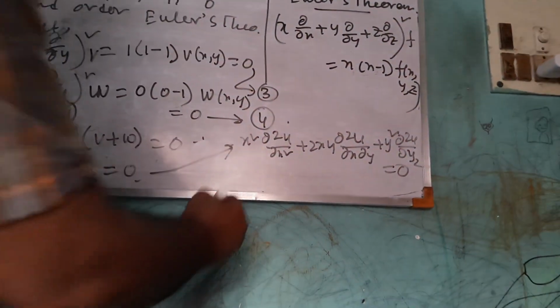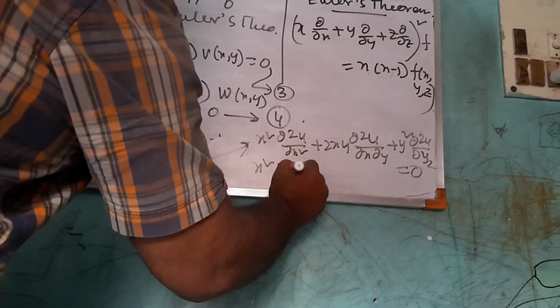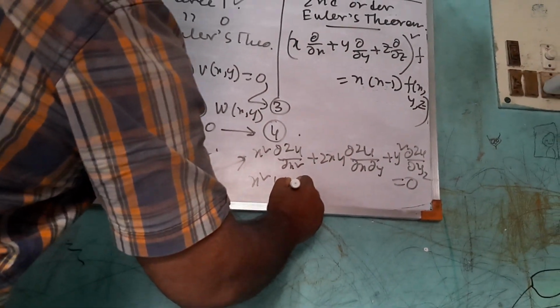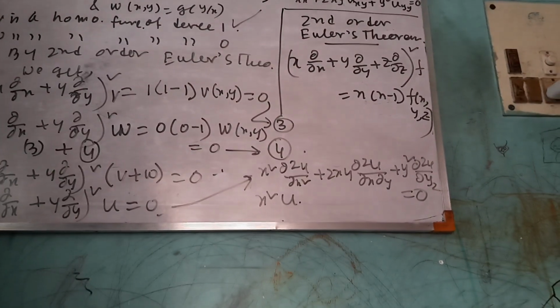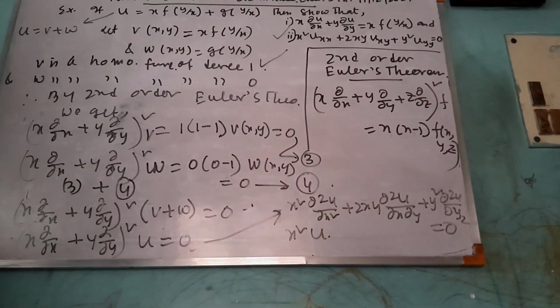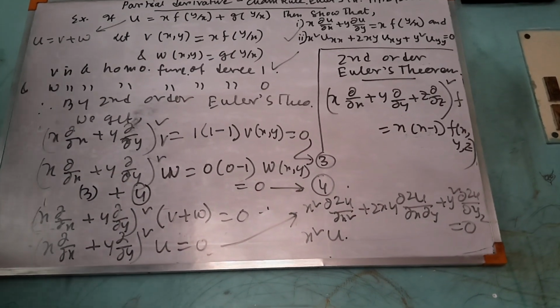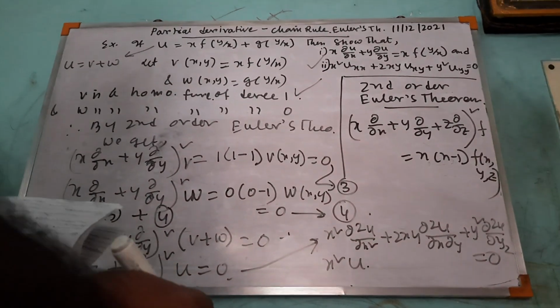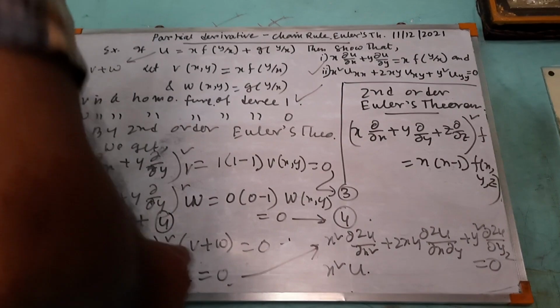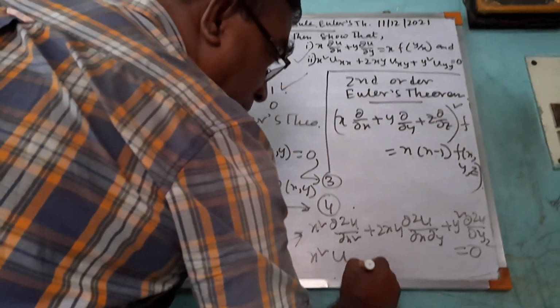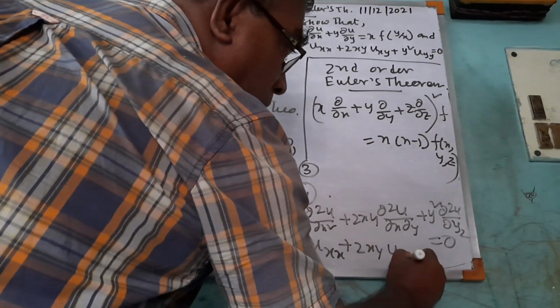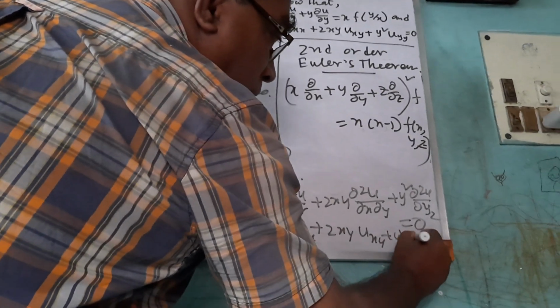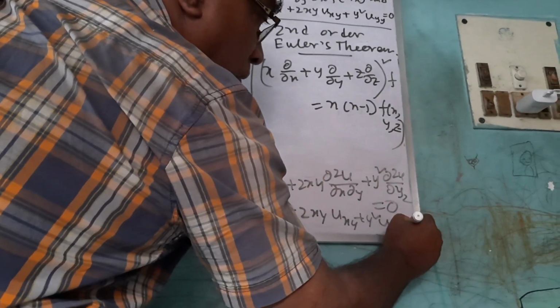You will get x² uxx + 2xy uxy + y² uyy equal to 0.